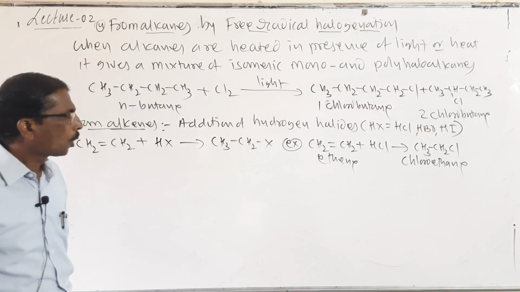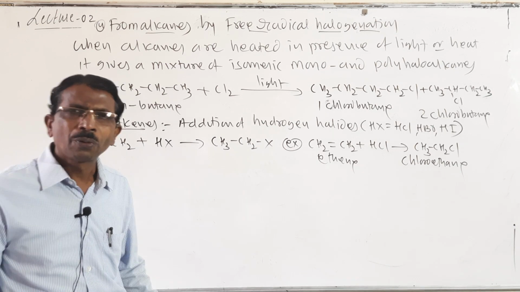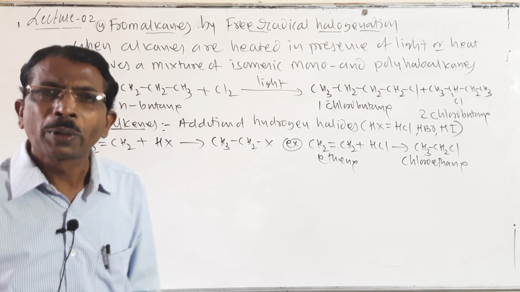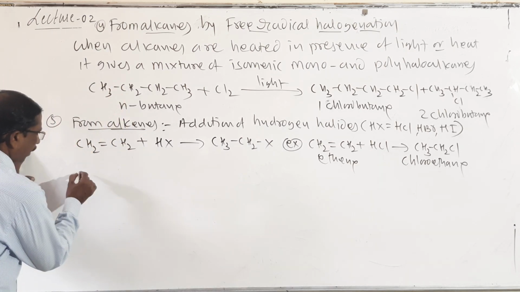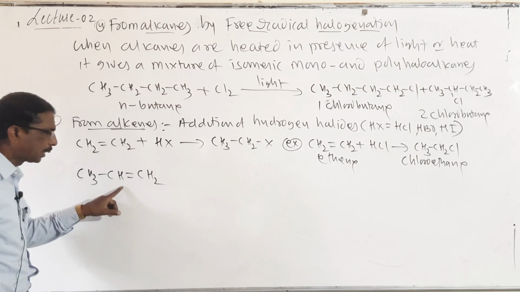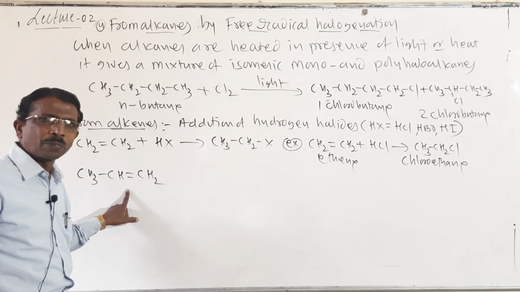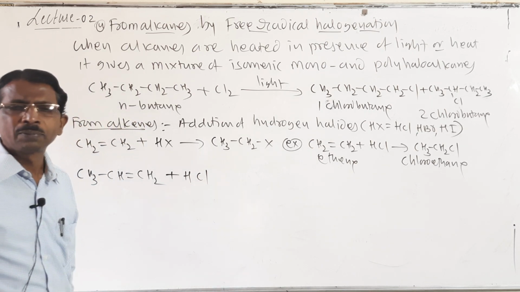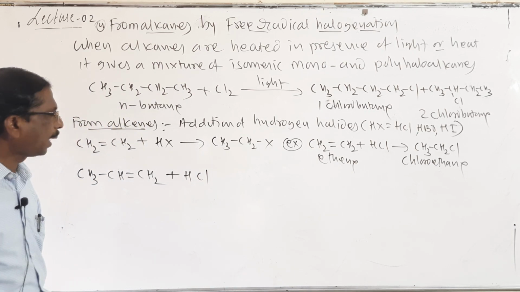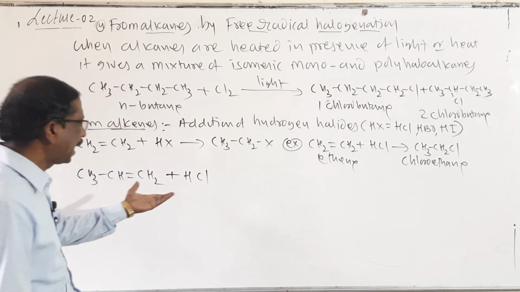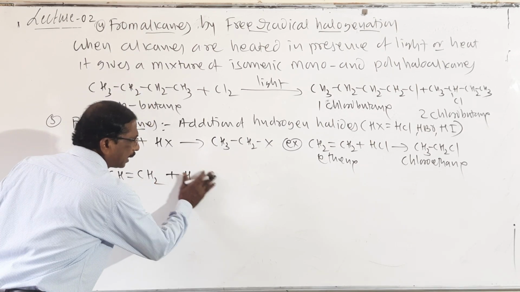So then what happens if halogen acid is added to unsymmetrical alkene? Look here students, I will write here CH3, CH double bond, CH2. It is unsymmetrical alkene. And what happens if I add HCl, or you may take HI also?